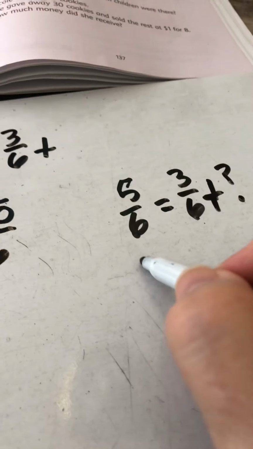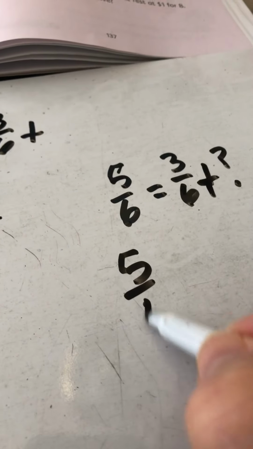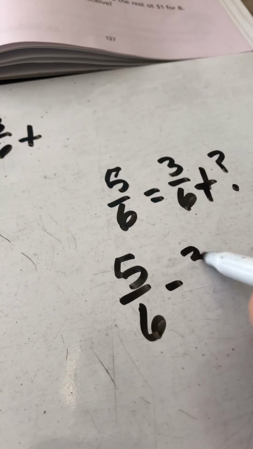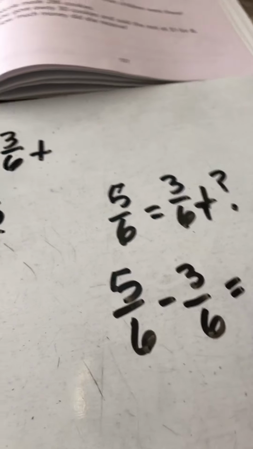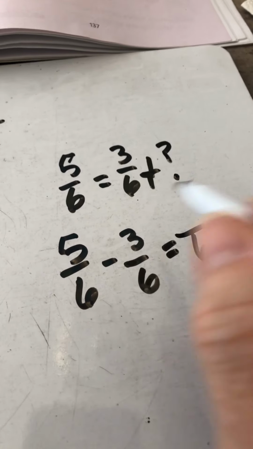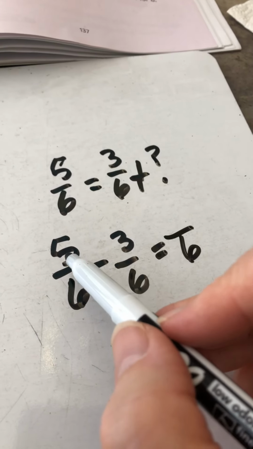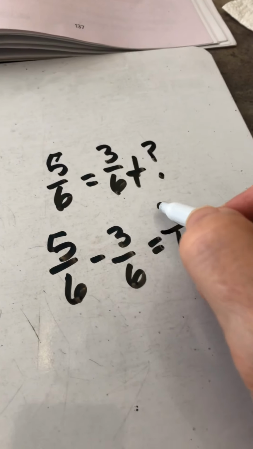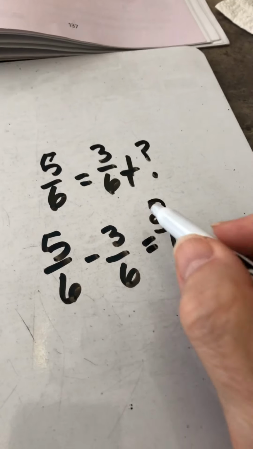Okay, or if I take 5/6 minus 3/6, what does that equal? Well, remember, I'm not going to do anything with my denominator. I'm just going to work with my numerator. 5 minus 3 equals 2.